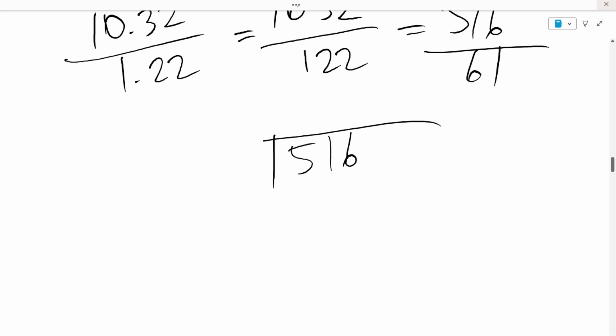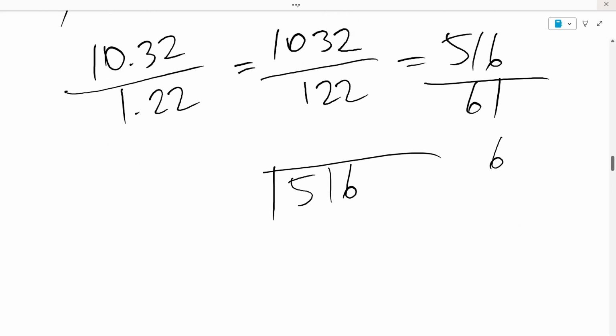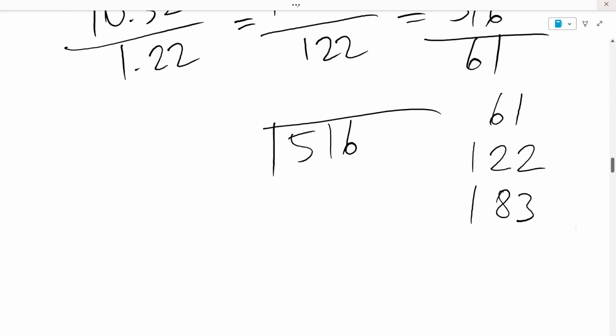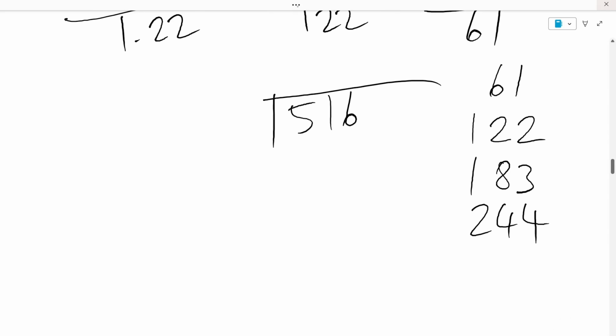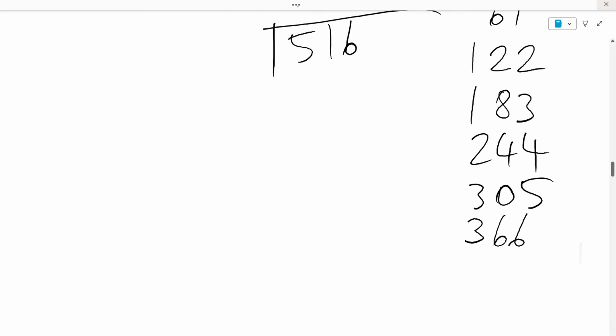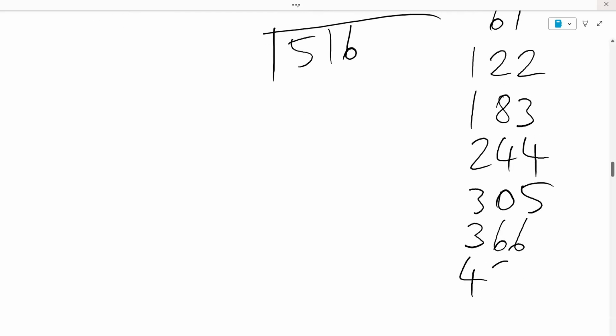Bus stop's not going to work here, so I'll have to just write out the 61 times table a bit. That'd be 122. This would be 183, 244. Let's keep going. This would be 305, 366. Still would keep going.